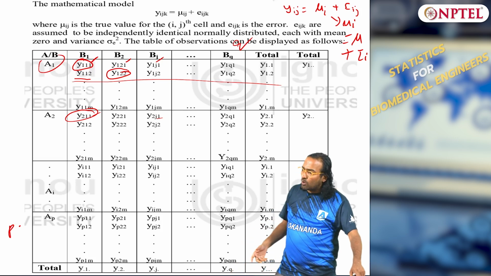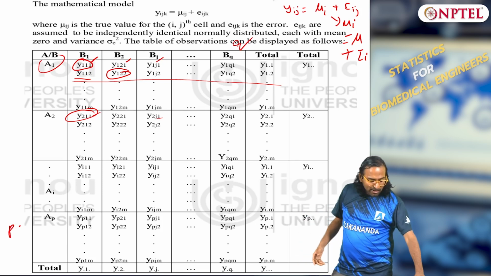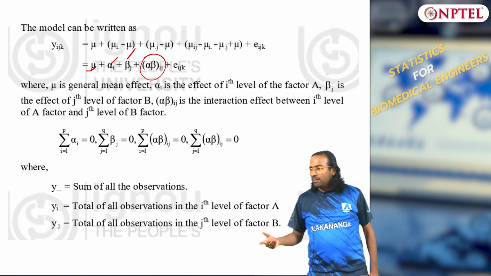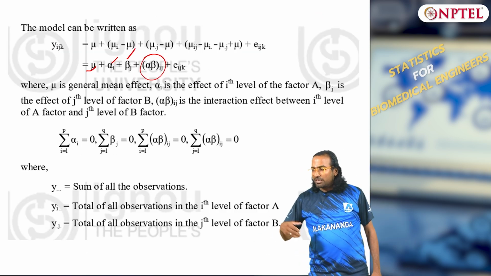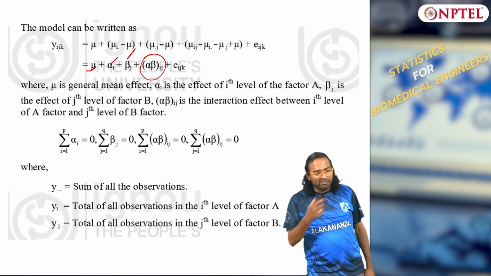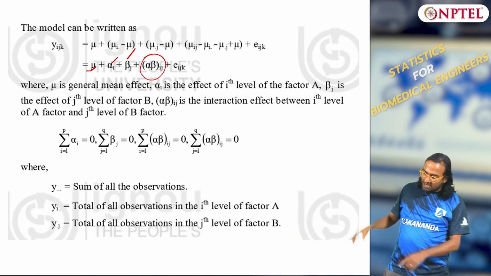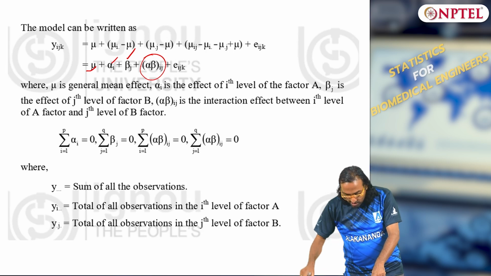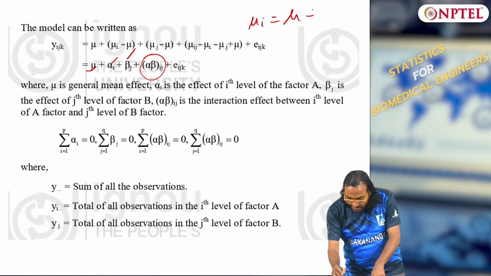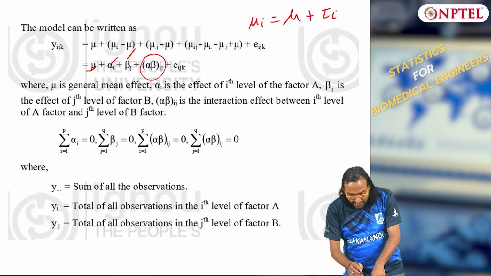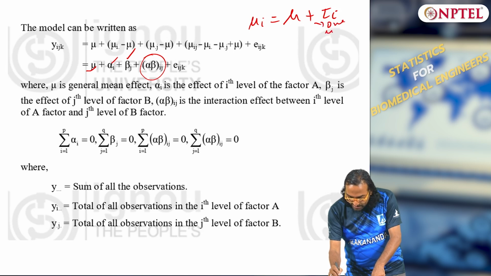So mu Ij is what? Mu Ij should be like tau I. So we have alpha I plus beta j. So the mu Ij, which is the change in the overall mean, is due to a constant mu, exactly like your one way ANOVA, mu I is mu plus tau I. Here one way, here two way ANOVA.